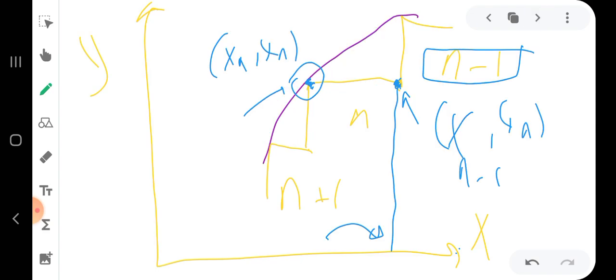Let me call this point where you hit the equilibrium curve xn star.